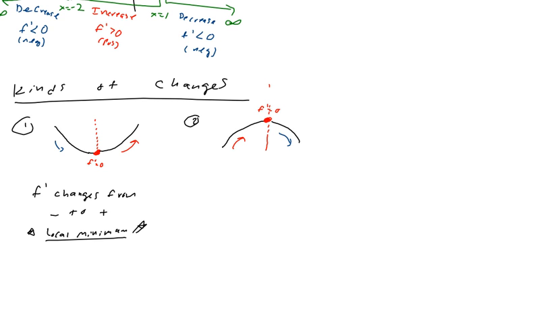I don't care what number. I just care about positive, negative is all I care about. So if f prime changes from positive to negative, that is a local maximum.